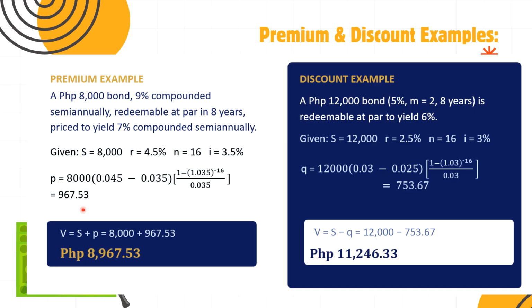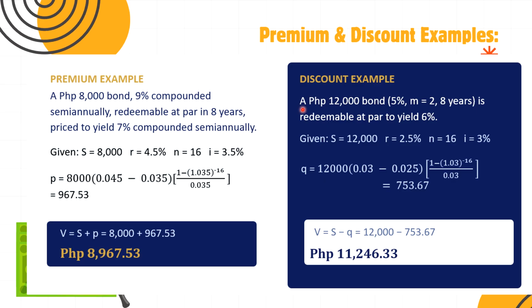So since it is premium, the value is equal to S plus P, and that would be equal to 8,000 plus 967.53, and that would be equal to 8,967.53 pesos.